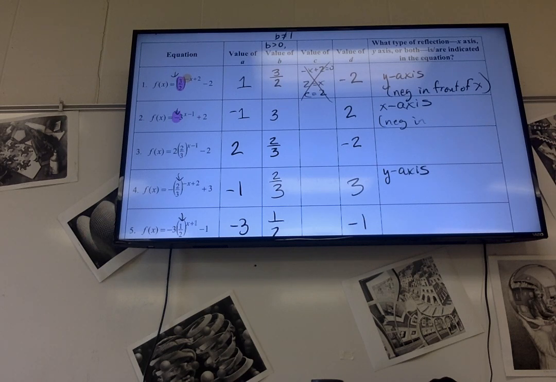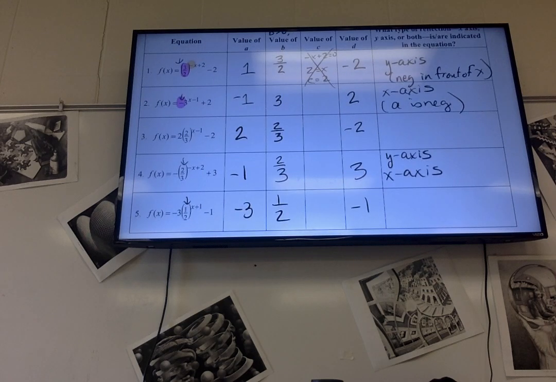Number 4 has it. You're right. So the other one she said is number 4. So on 3 and 4, it's both of them. It has flip across the x-axis and the y-axis. What's another one? Number 5.